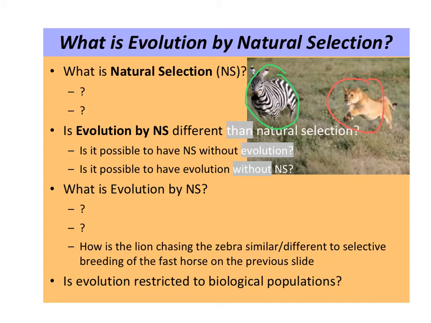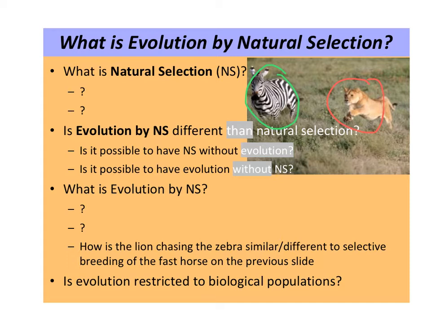So, is it possible to have natural selection without evolution? In other words, can you still have evolution without natural selection? Yes. There are other forces of evolution, like genetic drift, that change allele frequencies in a population that have nothing to do with traits that help you survive or reproduce. And the population will change, but it doesn't mean that the population will be better fit to the environment.